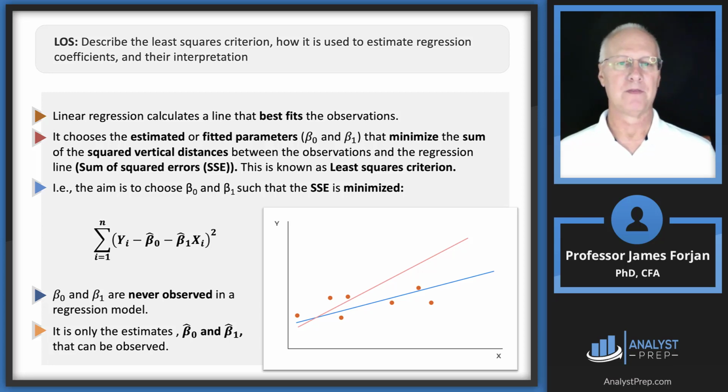All right, how about this idea of a least squares criterion? So what I want you to do is look at the illustration on the right there, and just for a second pretend that those two lines, the red and the blue line, are not there. So we have x and we have y, and so we have lots of different outputs there from different levels of x.